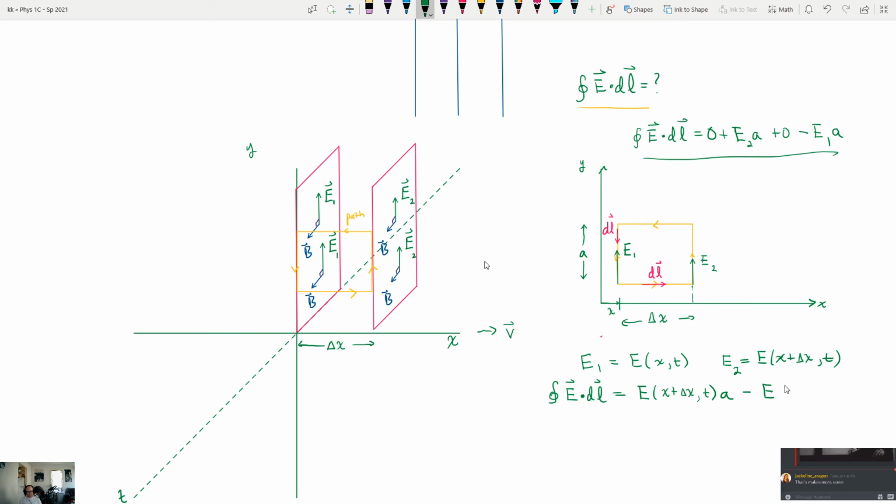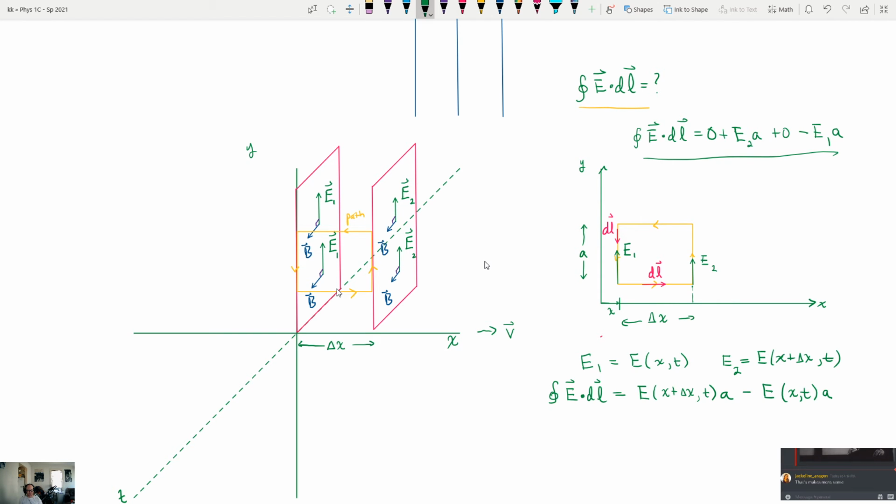Yeah, you realize that faster than most people do. Here we go. Does that make sense? All right. So we found that that's the value for E dot dl. Okay? That is the value for E dot dl.